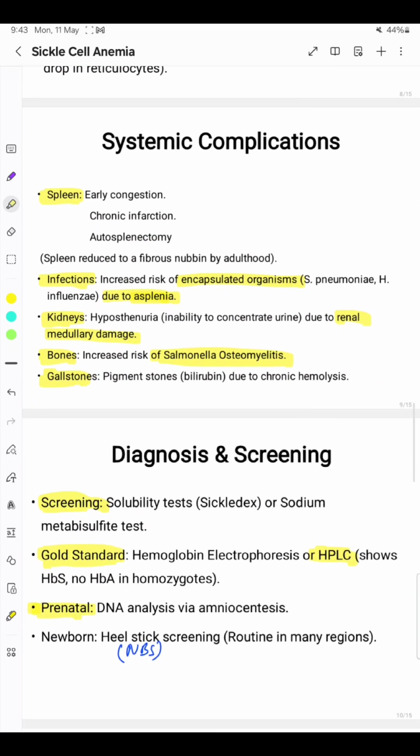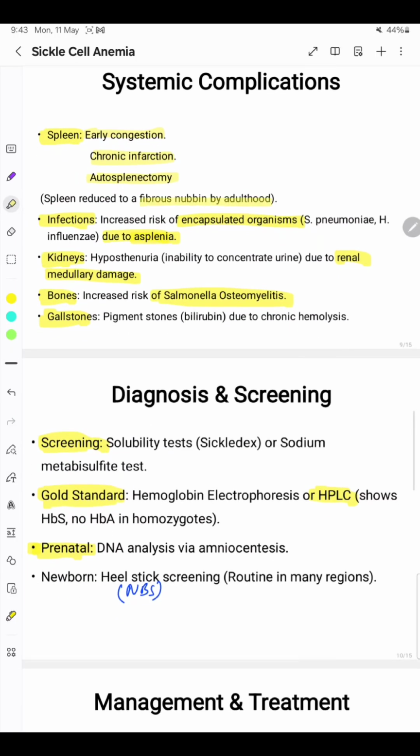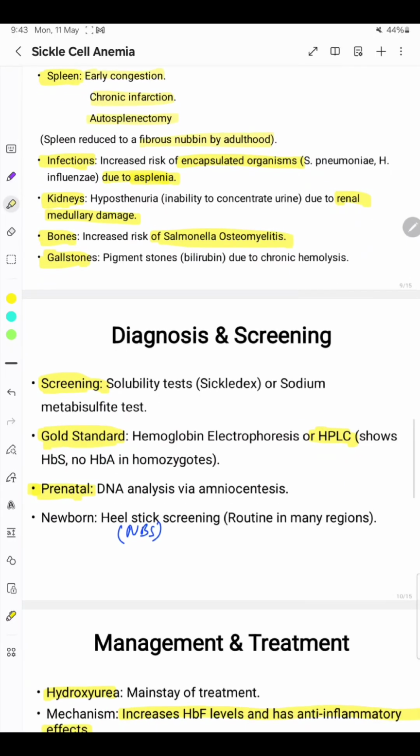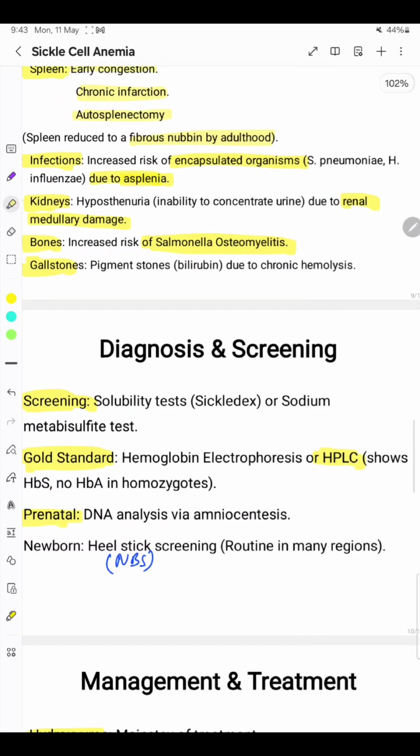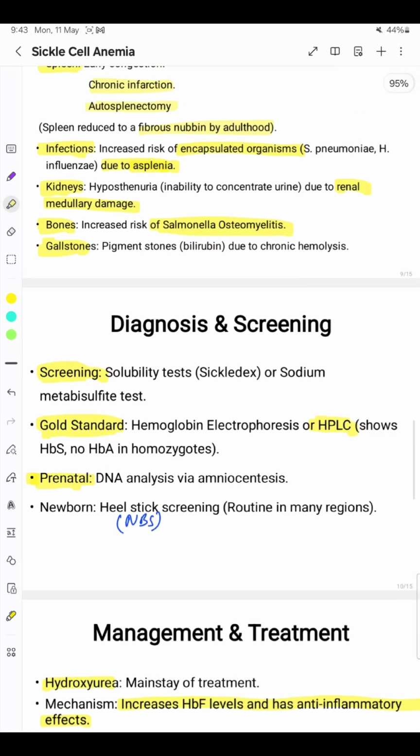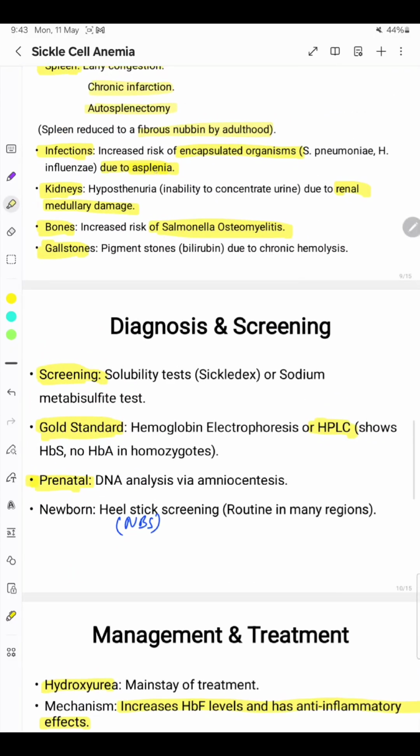What are the systemic complications seen in sickle cell disease? Spleen shows early congestion, chronic infarction and autosplenectomy. The spleen is reduced to a fibrous nubbin by adulthood. Infection: increased risk of encapsulated organisms, Streptococcus pneumoniae or Haemophilus influenzae, due to asplenia.